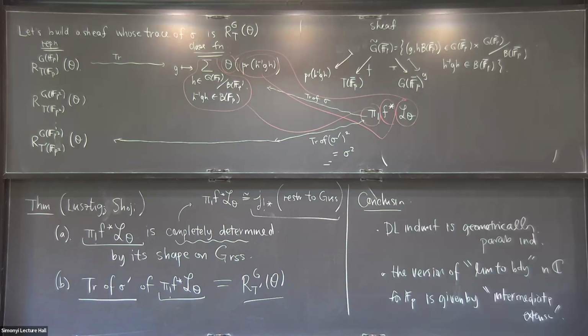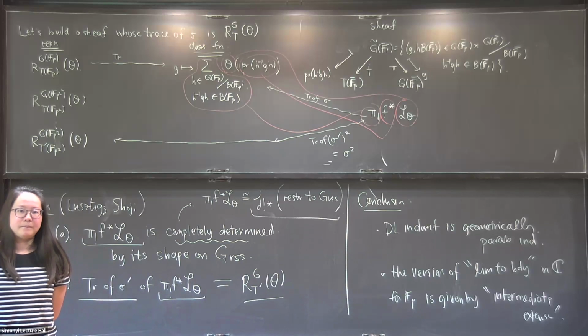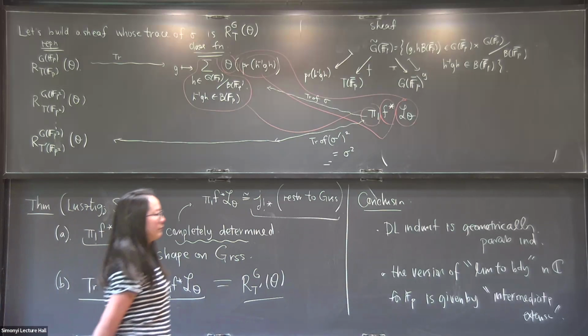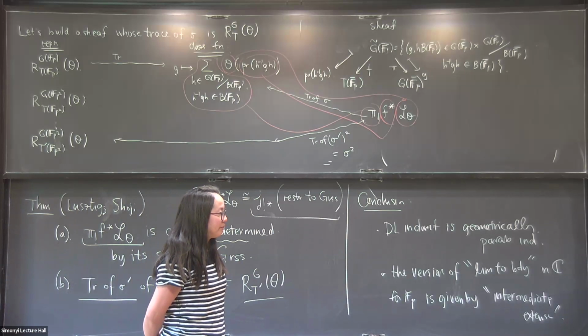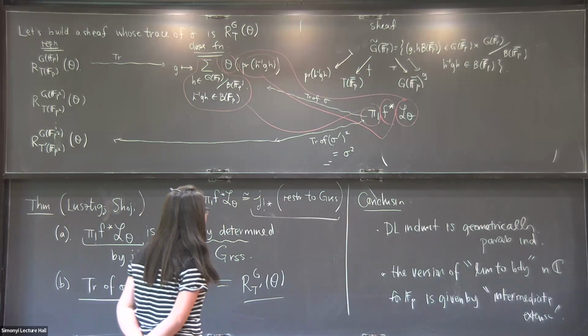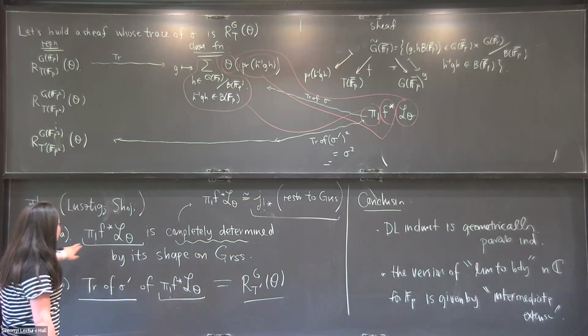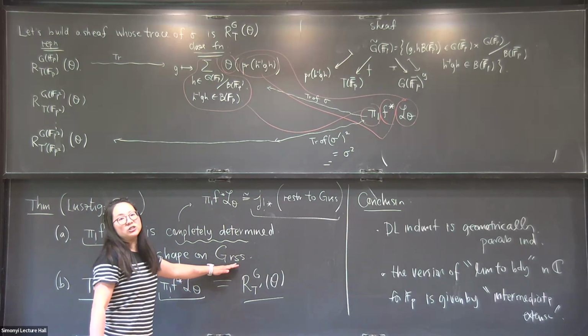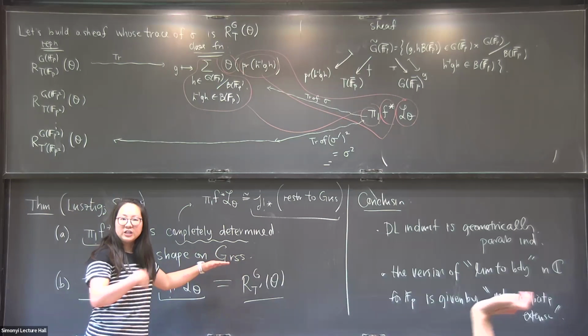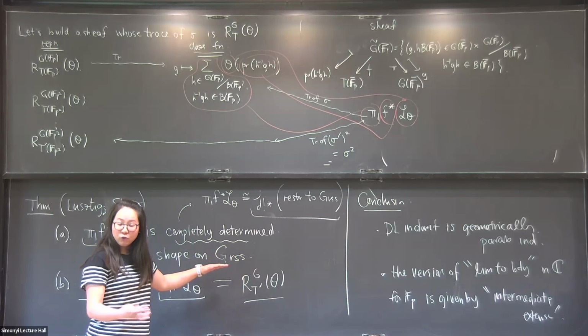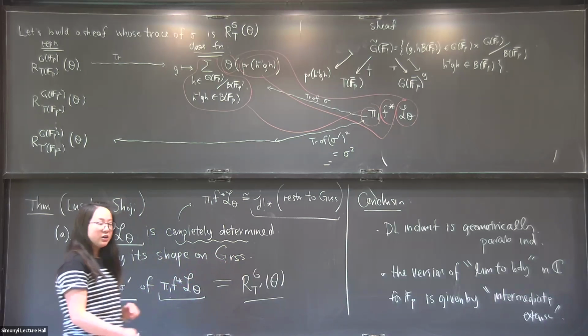In the theorem that everything works after you insert R, could you explain again how that leads to the conclusion? Is there an intuitive way of saying that? Yeah, so first, it's completely determined by its shape on the regular semi-simple locus, so it's giving a geometric reason for the characterization theorem.